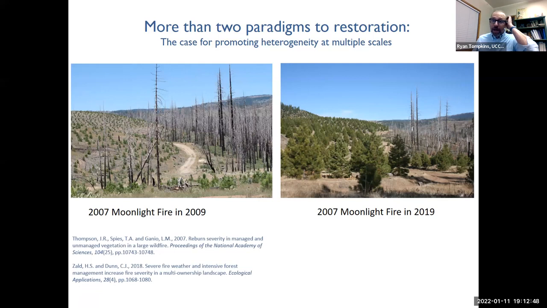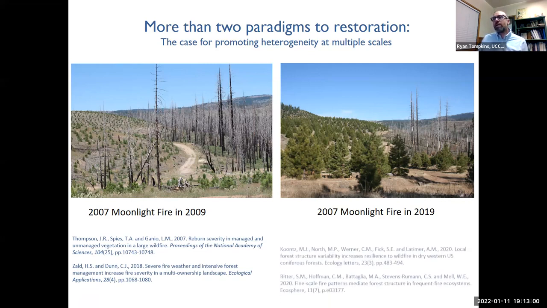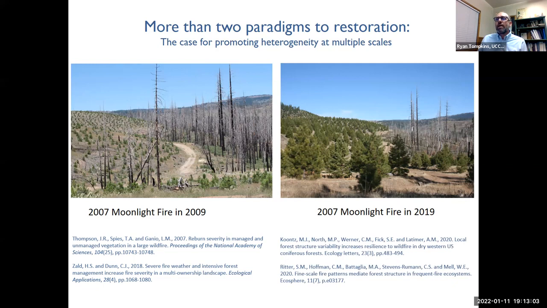And here are some journal articles about reburn severity, both in managed and unmanaged vegetation, and some of those issues that we're wrestling with, but also some papers and some science out there that are arguing that if we create more fine scale heterogeneity, and heterogeneity at multiple scales, both at the fine scale, but also at the inter and intra-stand scales, that might help build some resistance and resilience to both fire and perhaps drought or other disturbances in this coming century.